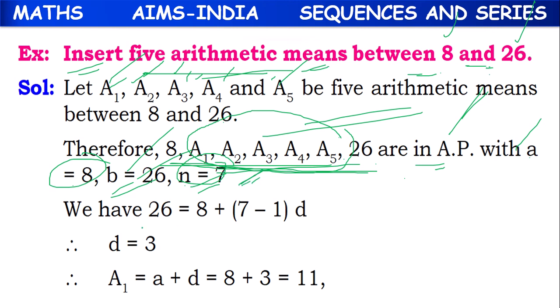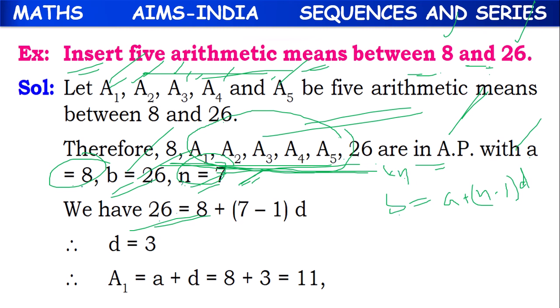So now we have the formula for B. B equal to A plus (n minus 1) into D, the nth term, Tn equal to A plus (n minus 1) into D. Now B is the 7th term.